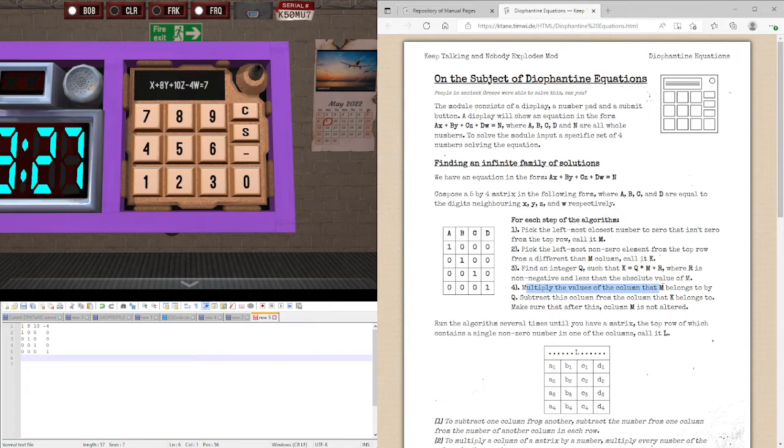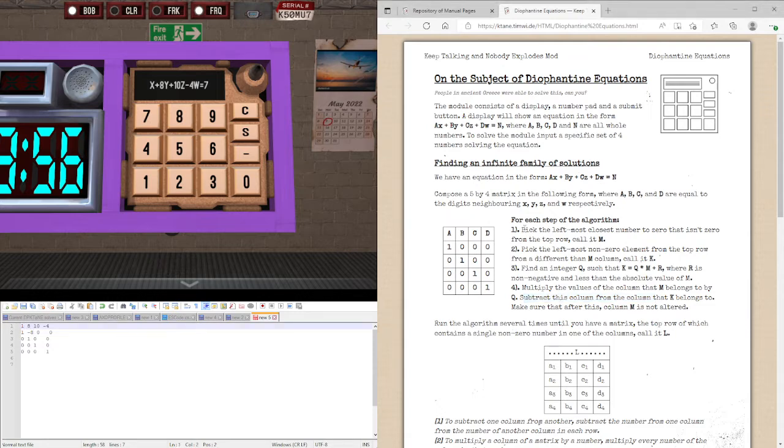Then we multiply the values of the column that m belonged to by q, so by 8, and subtract this from the column that k belonged to. So this column is subtracted from this column 8-fold, so we have negative 8.